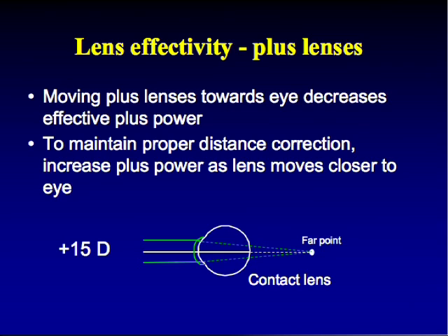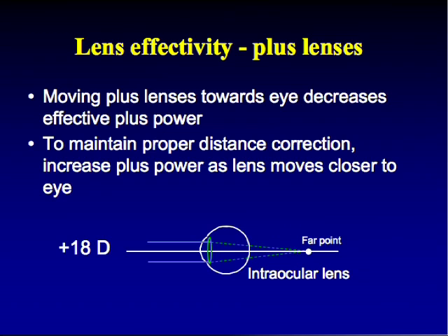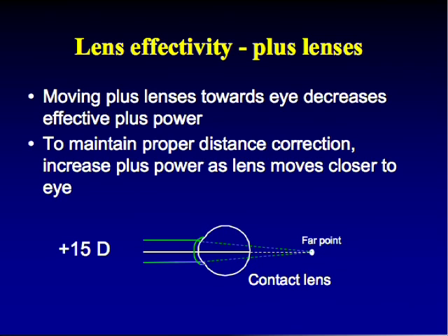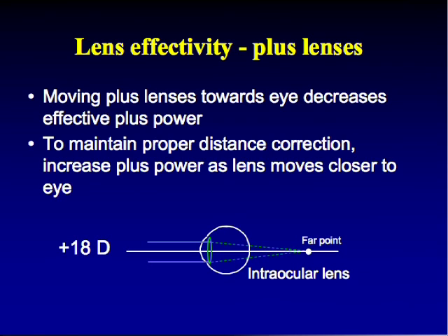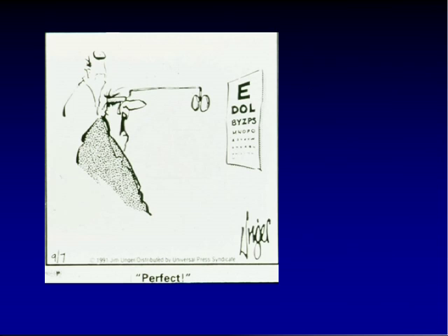Or an intraocular lens power is going to be, clinically, roughly 18 to 20 diopters for a typical aphakic patient. So by this clinical knowledge, you can work out the fact that the closer you get to the retina, the more power you're going to need to correct the same refractive error. And so in this case, the optician only has one power of plus lens, but just prescribes based on vertex distance.